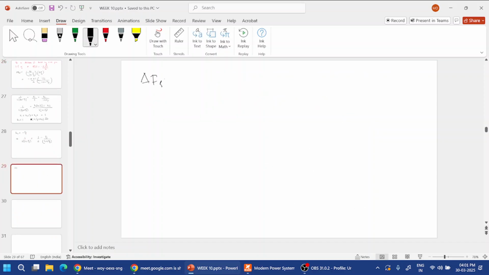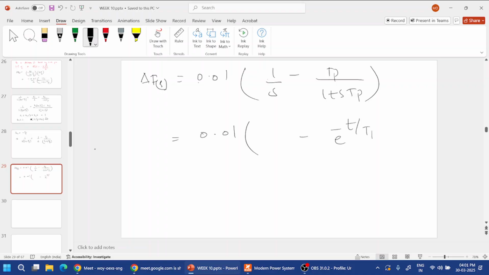Del F(s) is equal to 0.01 times 1 upon s minus Tp by 1 plus sTp. Here, for this 0.01, if we take the inverse Laplace transform, 1 upon s will be minus 1, and this will be e to the minus t by Tp.